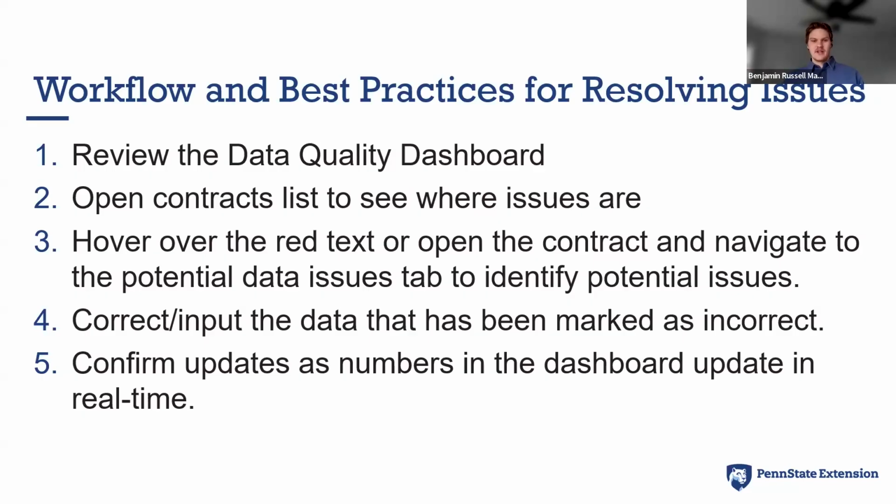And then you can hover over the red text or go to the potential data issues to see that for each contract, and then just correct the data, or if the data was never there, input that data so that it can be marked as good. And like I said, the numbers will update in real time to confirm that has been successful.